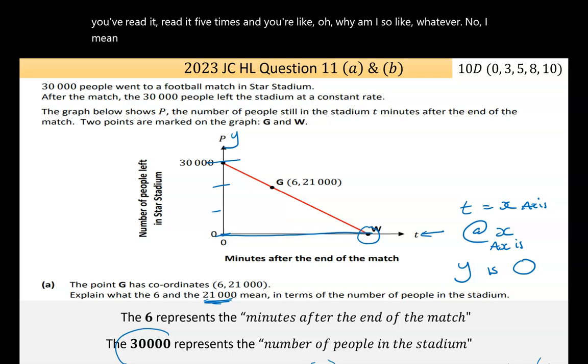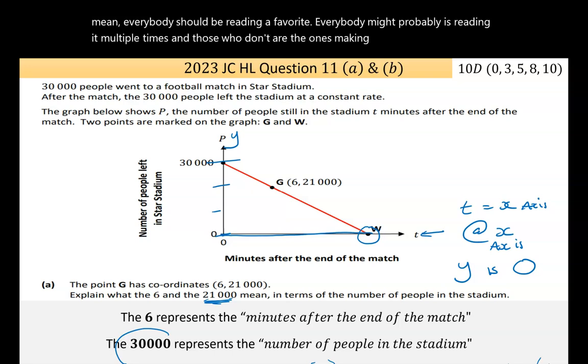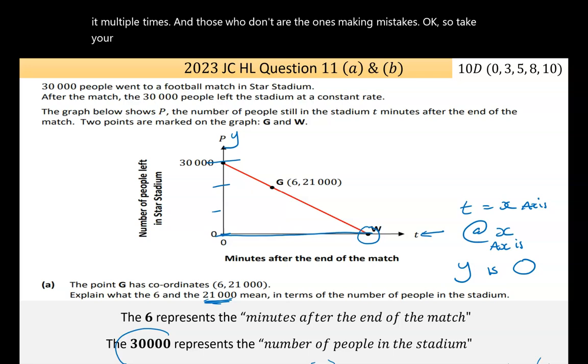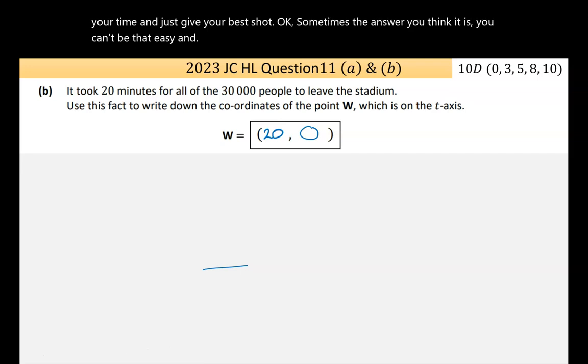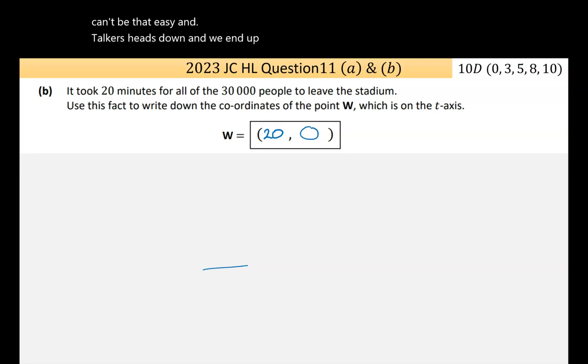Everybody should be reading it 5 times. Everybody probably is reading it multiple times, and those who don't are the ones making mistakes. So take your time and give your best shot. Sometimes the answer you think it is, you go, it can't be that easy, and we talk ourselves down, and we end up going down a different path.